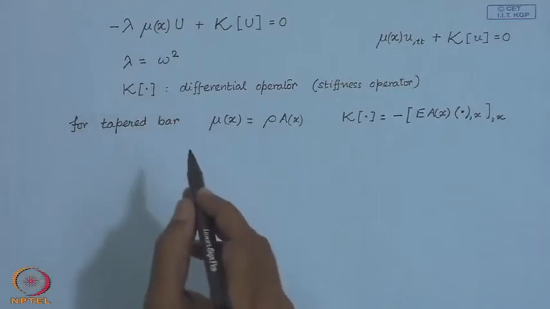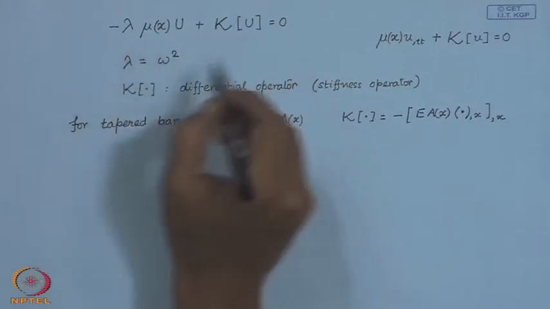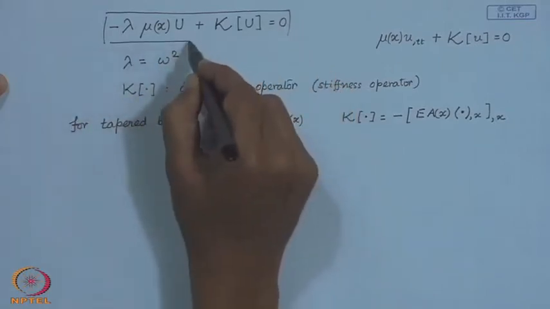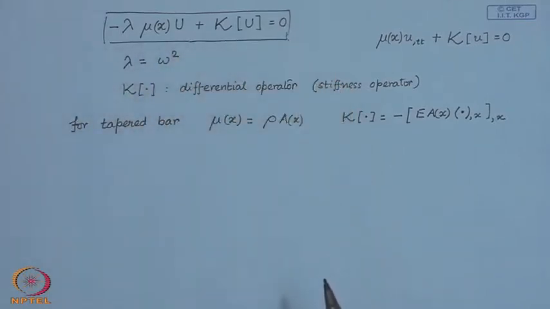So, this is the structure of the differential equation of our eigenvalue problem.